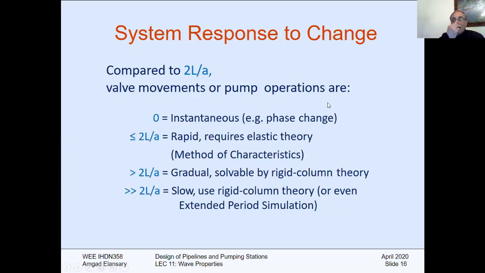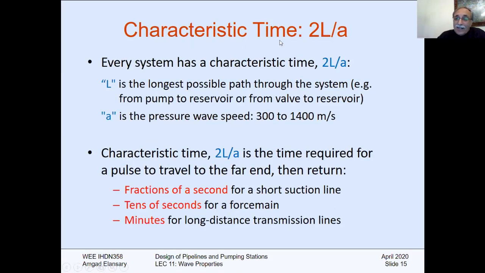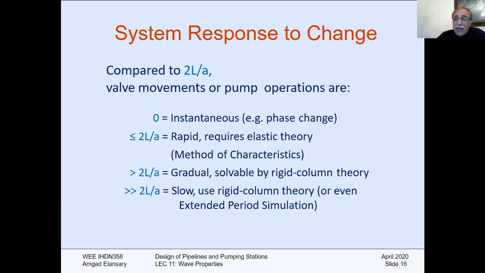System response to change. For example, back here again, this is called the characteristic time for the system. Again, system response to the change. The system response means if you initiate something that causes hammer, we compare this to the 2L over A. We compare the time of initiation or the time of movement of that thing which makes the hammer action, like valve movement, pump operation.